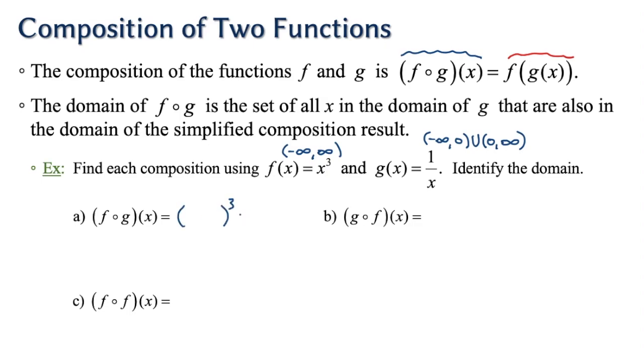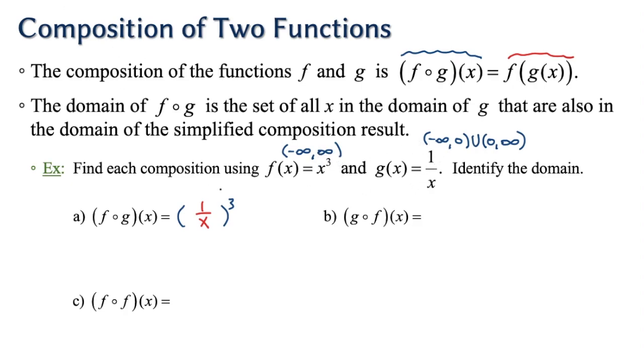Then inside those parentheses, you copy down g. In this case, the function g is 1 over x. So here's my g, and it replaced the x in f of x, because that was the input. I'm going to take whatever g is and cube it.